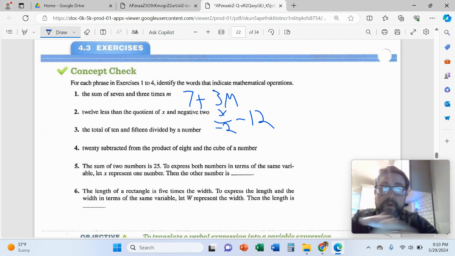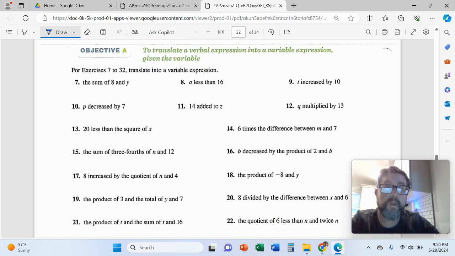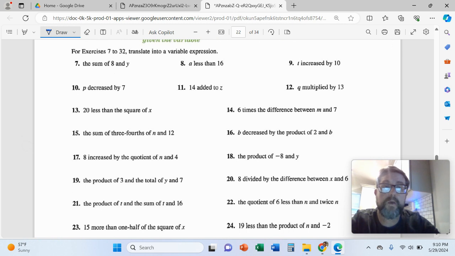So you figure out what x divided by negative 2 is, and then it's 12 less than that. We don't have any way of figuring that out right now, but anyways, pause it if you haven't paused it, and do all the problems. Okay, pause it and do all the problems.